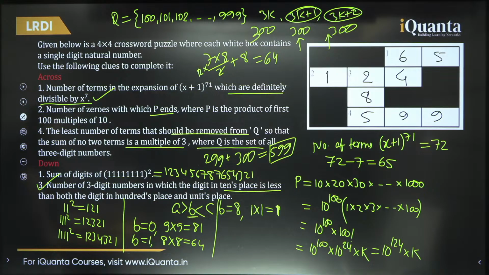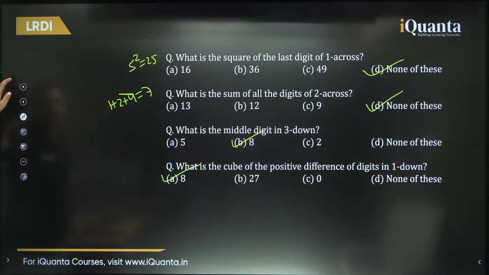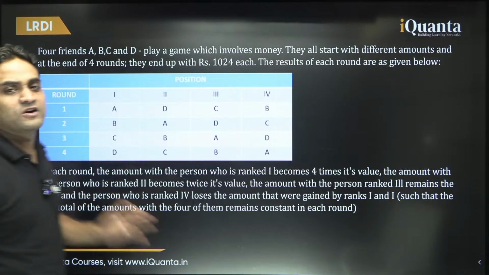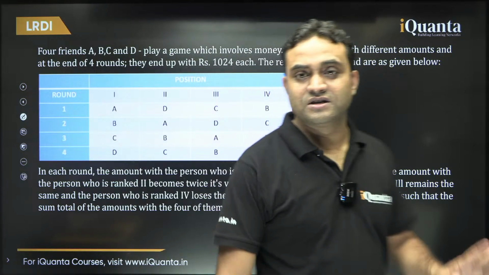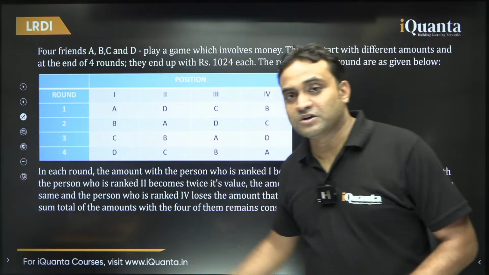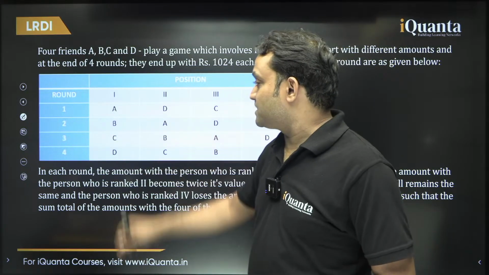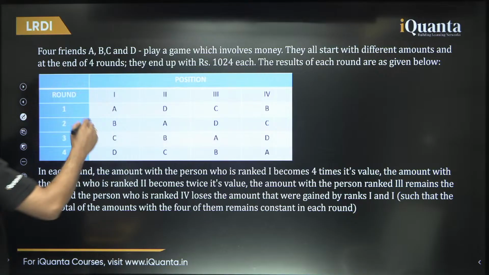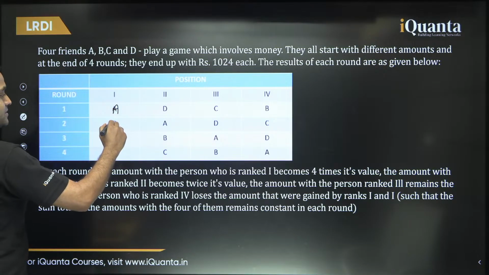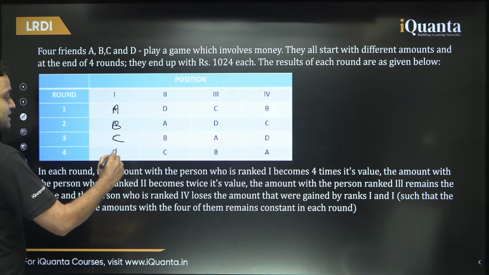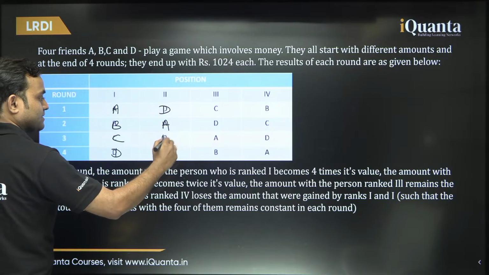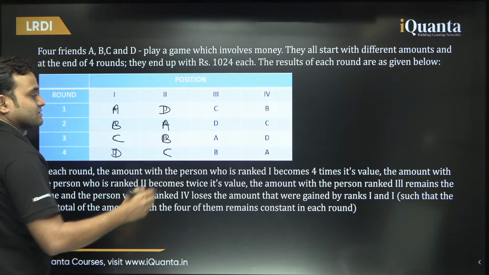Okay then. Let's go to the next set, which is another marvelous set. This is a really good set. Are you able to see these letters? If you are not, then tell me, okay? This is A, B, C, D. D, A, B, C. Okay?